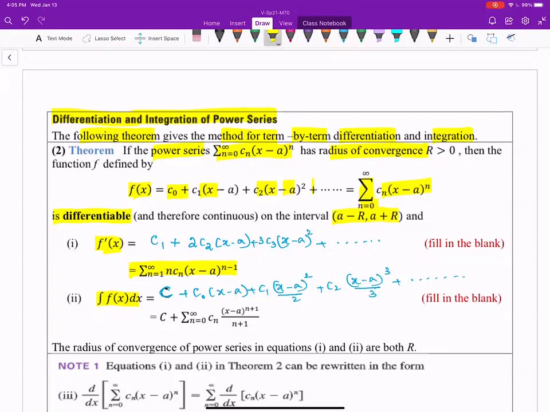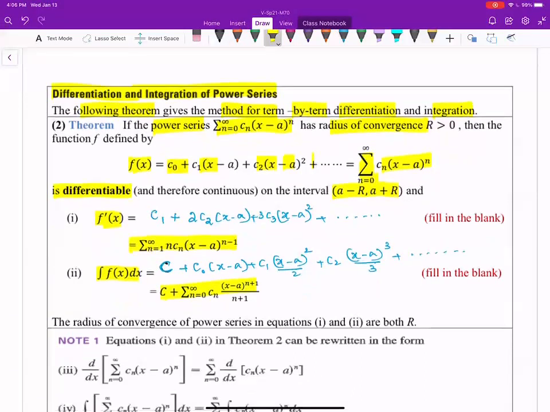In the sigma notation, you can write the constant of integration plus sigma n varying from 0 through infinity c sub n times x minus a to the power n plus 1 over n plus 1.